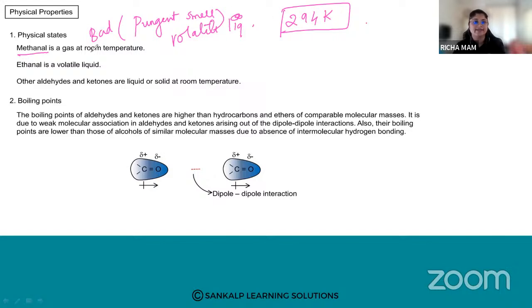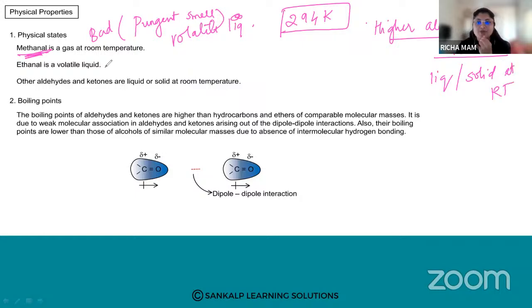So methanal is a gas, but as you move to higher aldehydes and ketones, they can be liquids or solids at room temperature. So this is about methanal. Ethanal is also a volatile liquid.